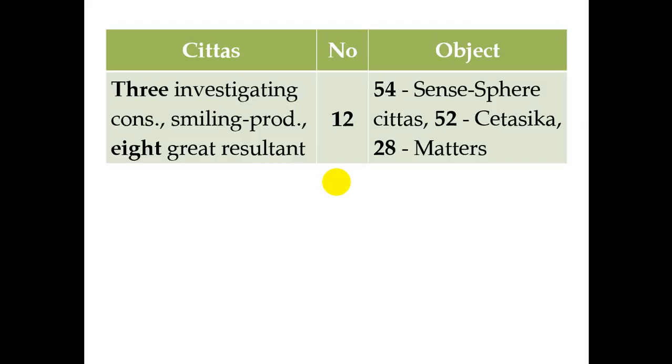When we talk about the sense sphere, in terms of chaitas we have 54 chaitas, and we also have the 52 chaitasikas that associate with the 54 chaitas, and also 28 mattas, right? So we are talking about chaitas and objects. Let's look at the meaning behind it.